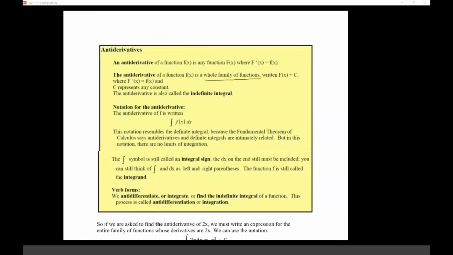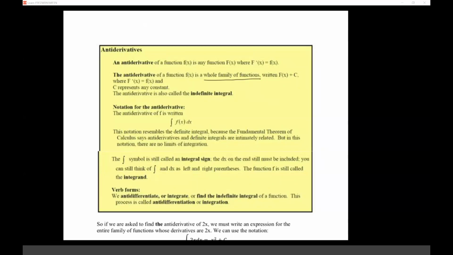Just like we saw with 2x, when I anti-differentiated that anecdotally, I didn't actually have a rule. I used logic and said, what would have given me 2x? That 2 in front would have been the exponent. I reversed it mentally to say x squared, but it's actually x squared plus C.